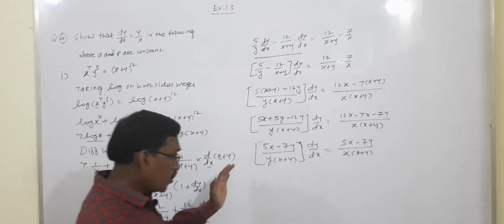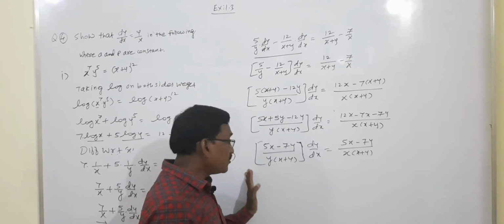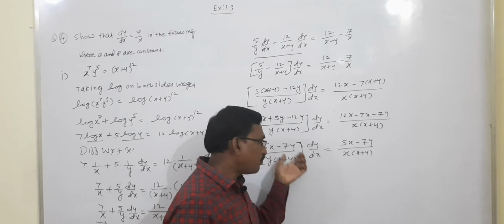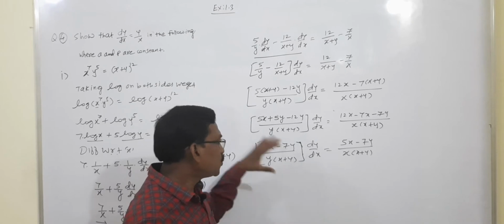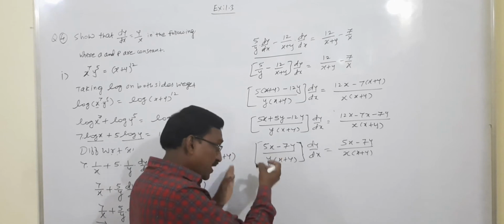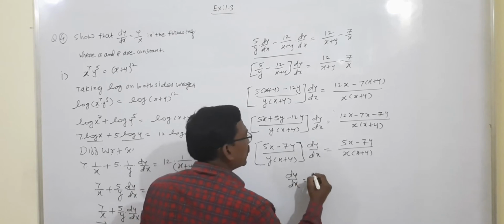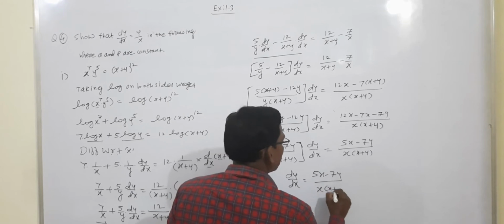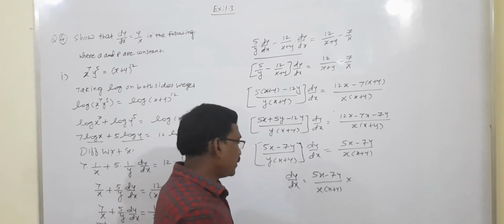Now we take this total bracket to the right hand side. In the left hand side, this total bracket is in multiplication, in the multiple of dy by dx. So we take this bracket to the right hand side. So dy by dx is equal to 5x minus 7y divided by x into x plus y into, take its reciprocal.